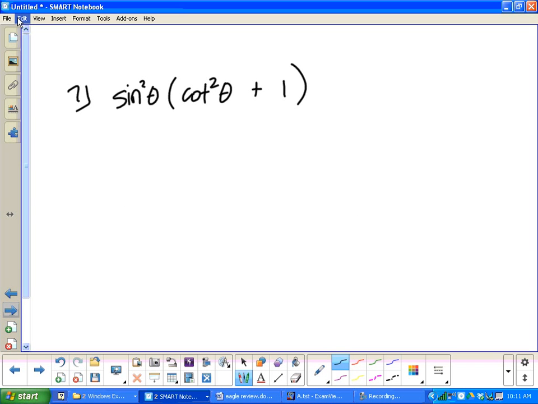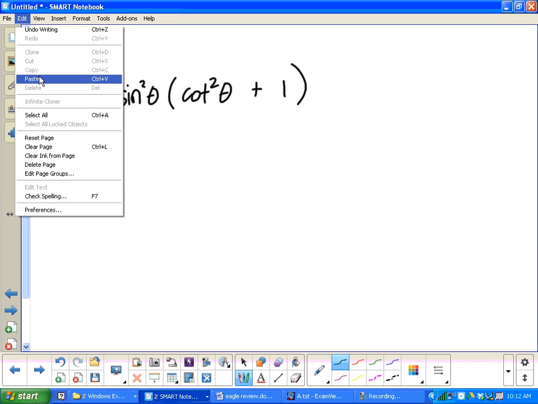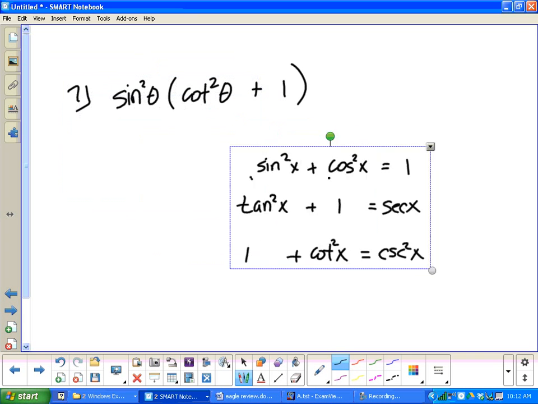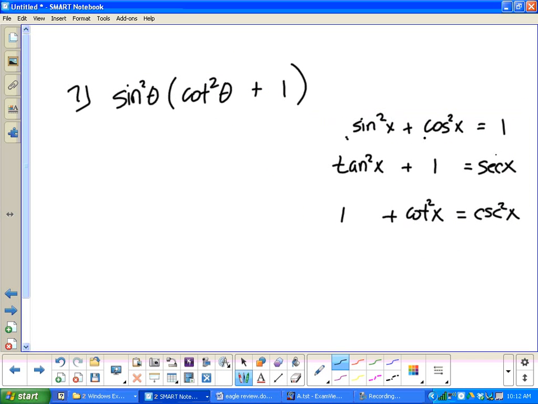All right, so number 7. Let me paste it here. Now here again, it may be tempting to try to distribute. But let's see if we can use a Pythagorean identity.